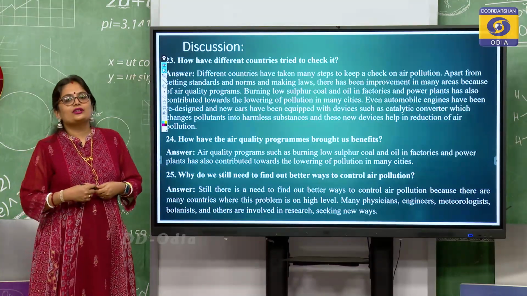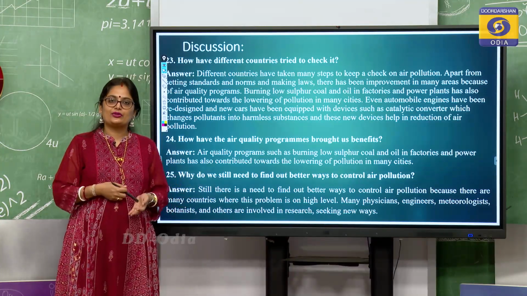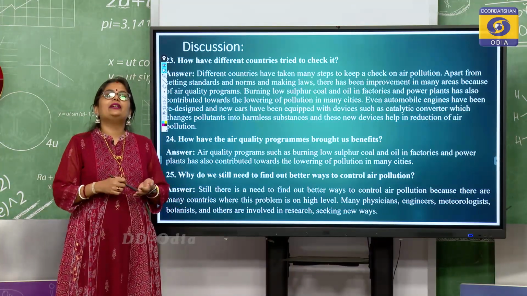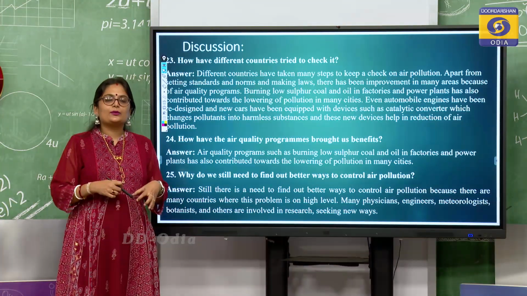So, what do we learn, children? Different countries have different strategies for controlling air pollution. They implement a variety of quality programs. What are the points that are included in these programs?